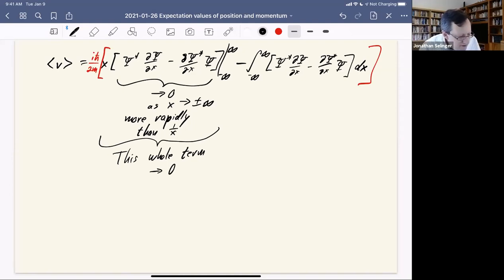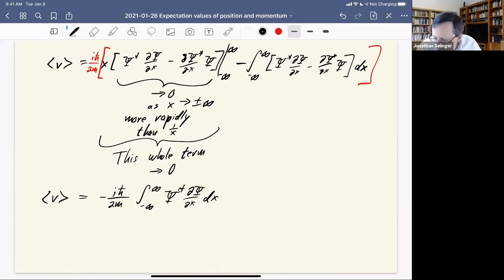Okay, then what? Well then we can say that the average velocity is equal to minus i h bar over 2m times the integral from minus infinity to infinity of psi star d psi dx.